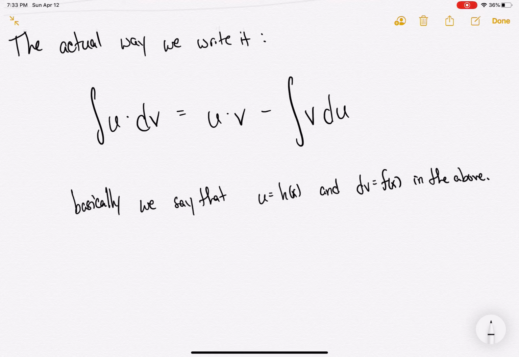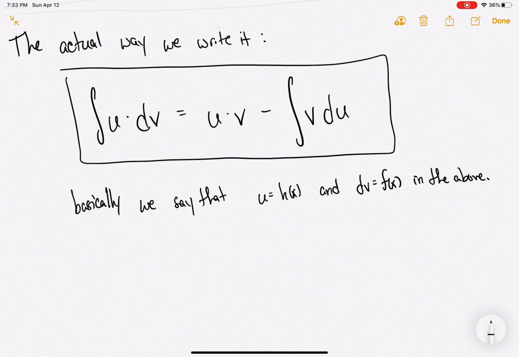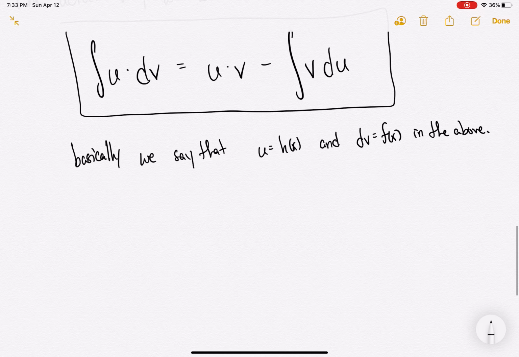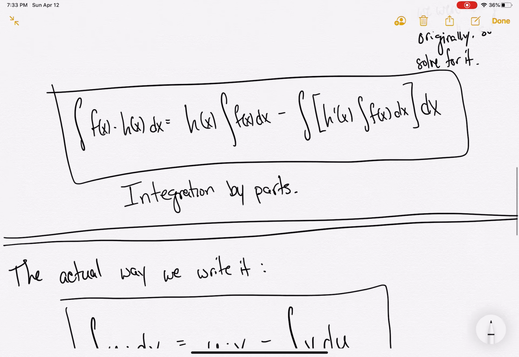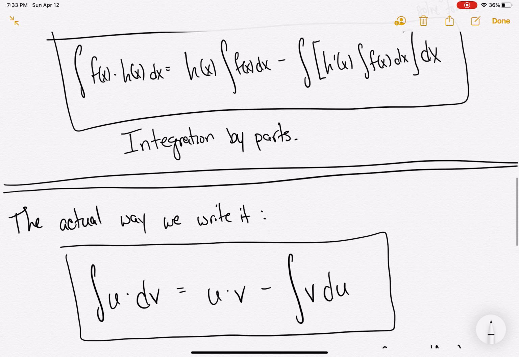And I'll show you how to use this. So this is actually the way we write it. Because if u equals h of x, then du equals h prime of x dx, and if dv equals f of x, then v equals the integral of f of x dx. And so when I compare it to the above, everything actually lines up. It's actually the exact same expression.